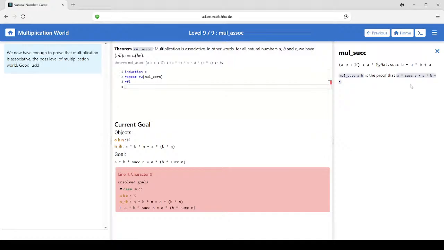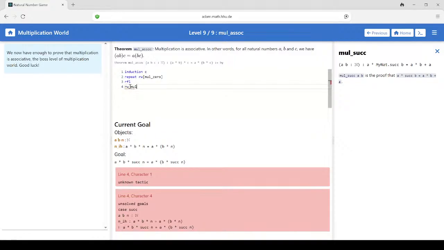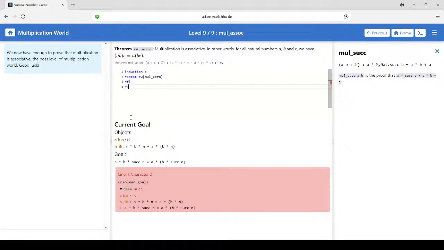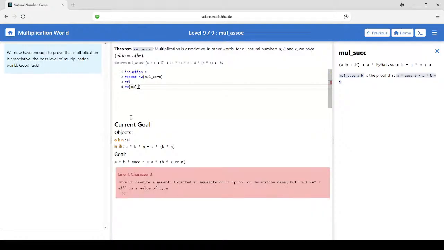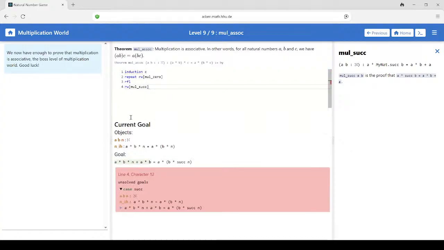This one here should work. Oh. If I just repeat this, and then I have to press enter in order to see the result.